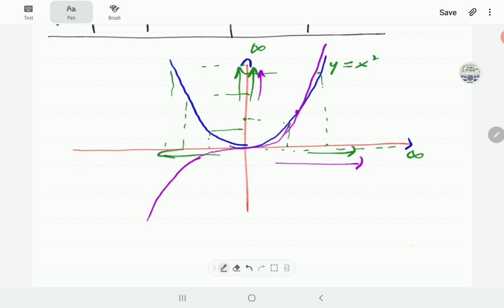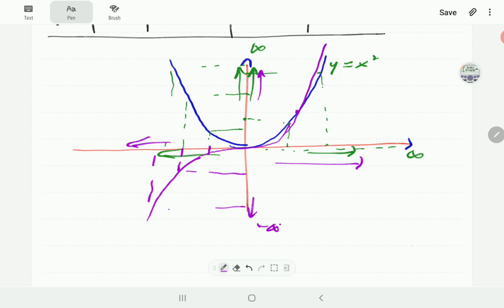But this time, as x goes to negative infinity, y is now going to negative infinity as well. X goes this way, y goes this way to negative infinity.